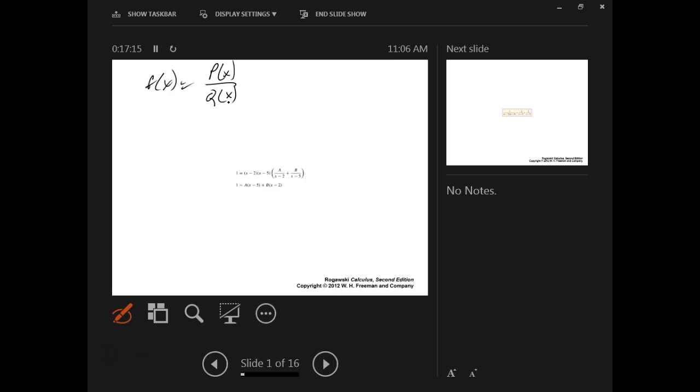Here's something else. Would this be a rational function? x squared minus 3x plus 7 over x fourth minus 16. Is that a rational function? Yeah, polynomial over polynomial. What might you do to that to simplify a little bit?